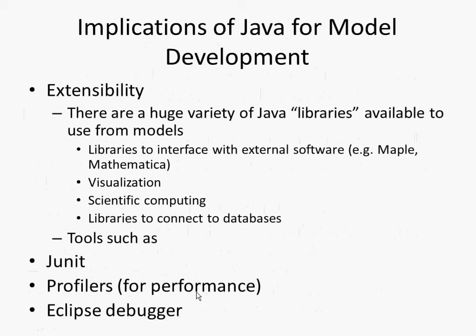An example might be software that will allow you to look up locations in a GIS library, or software that would allow you to find out information on historically observed disease rates over some period of time, or libraries that would allow you to visualize things, libraries that allow you to connect to databases, and libraries that allow you to interface with external software.